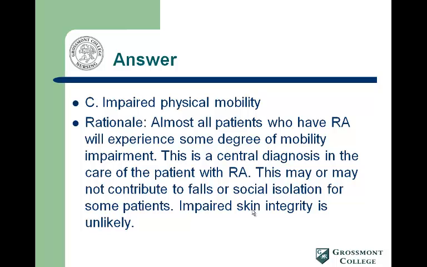It also can affect the feet or the knees, so that would lead to the type of impaired mobility that you normally think of. They're not necessarily prone to falls or isolation or anything like that. Another one that wasn't on the choices, but self-image would have been another diagnosis.